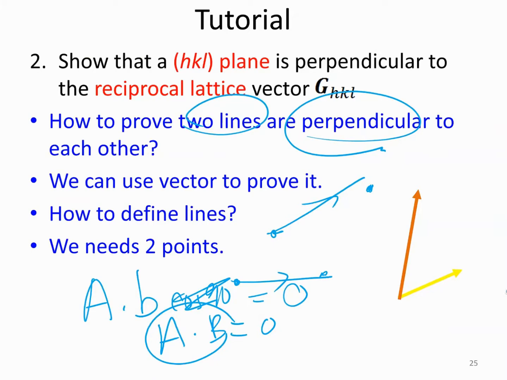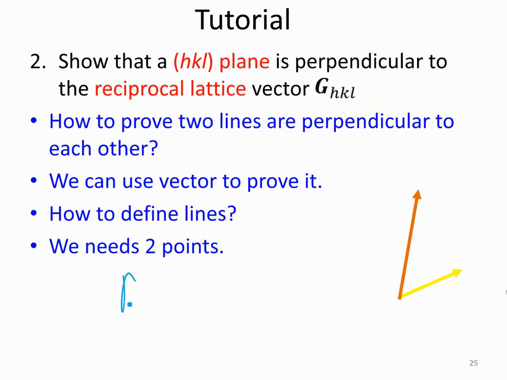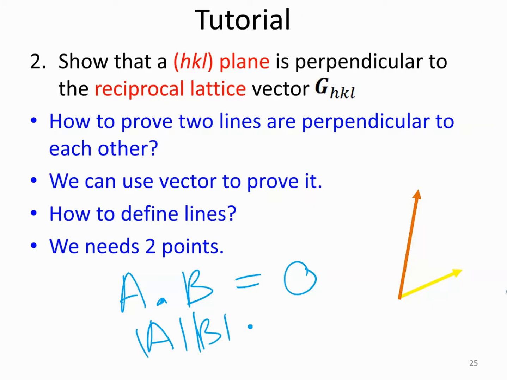Correct or not? When A dot product with B gives 0, that means that magnitude A times magnitude B times cos theta equals 0. So the only possibility is that theta is 90 degrees, which means that A and B are perpendicular to each other.